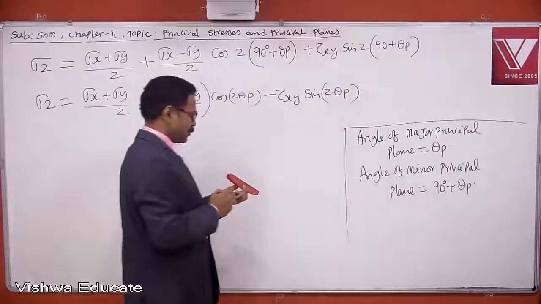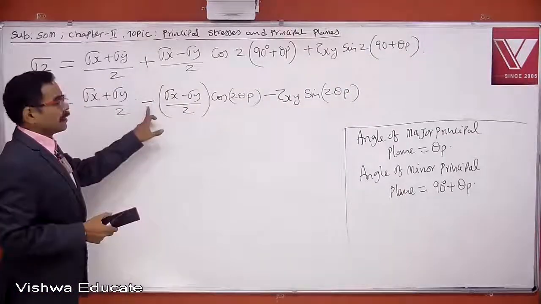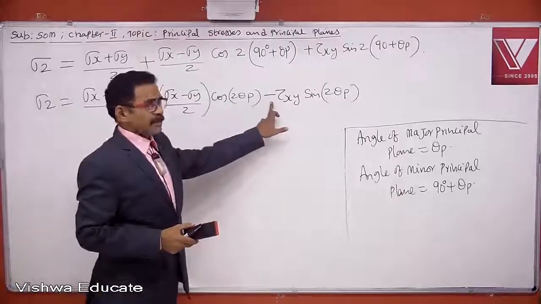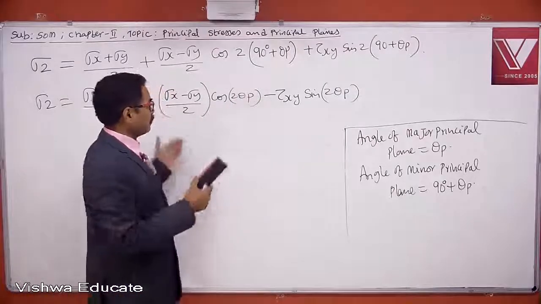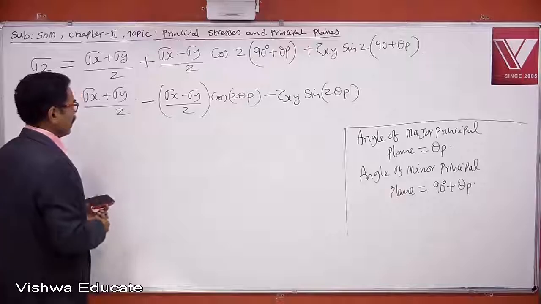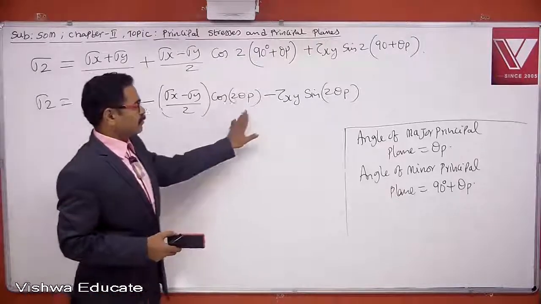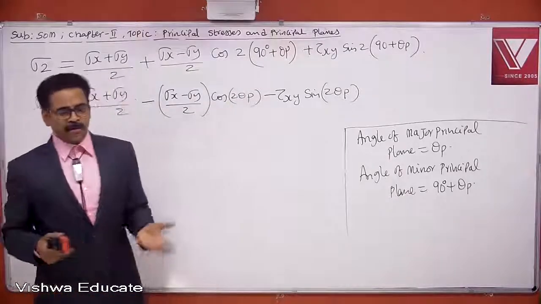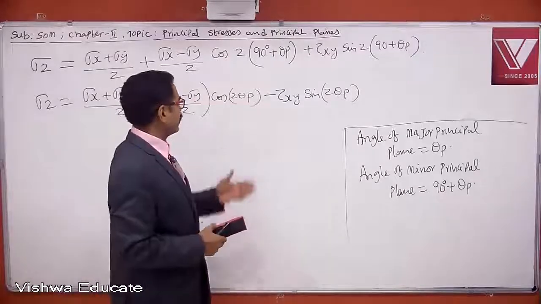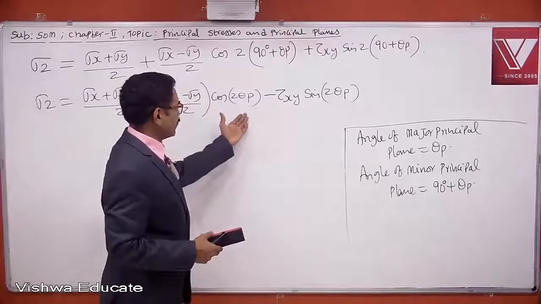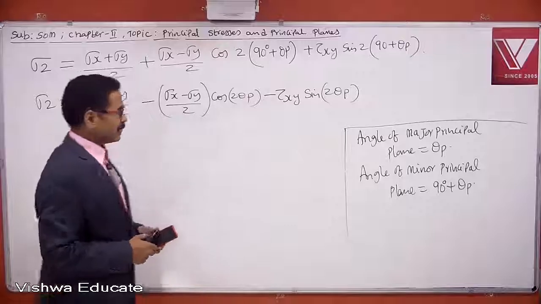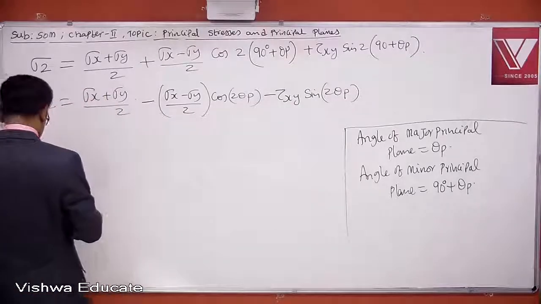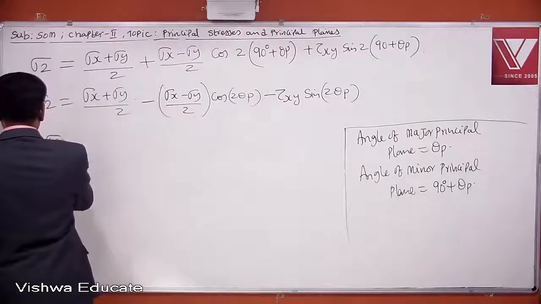In the expression of sigma 1, here we got positive, here we got positive. In the expression of sigma 2, both are becoming negative. And we know what is cos 2 theta p, we know what is sine 2 theta p. From the principal plane triangle, we can read cos 2 theta p and sine 2 theta p. If you simplify this, you will get the formula for sigma 2.